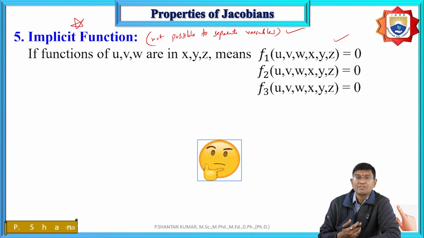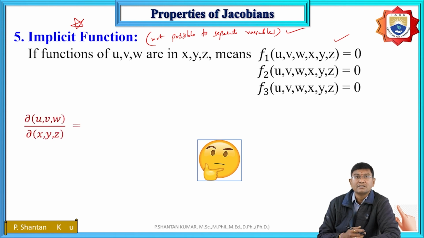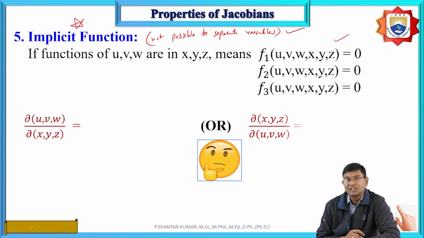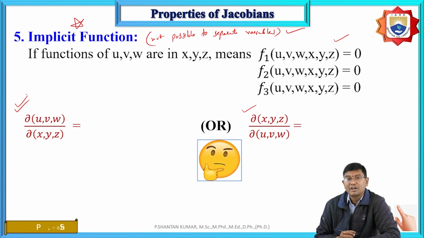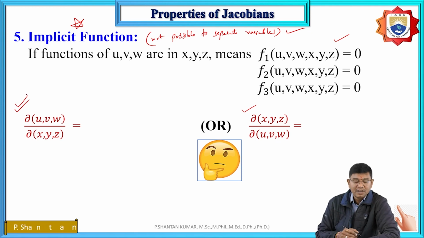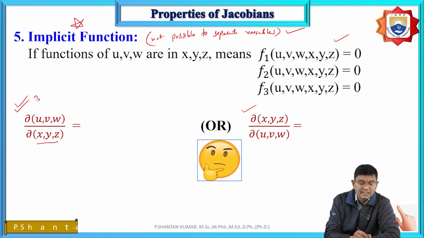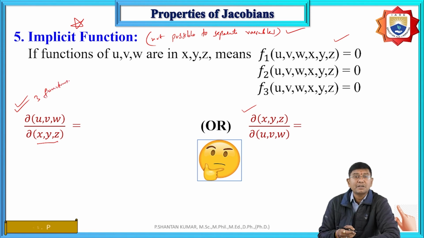And based upon the three functions, while finding dou of (u, v, w) by dou of (x, y, z), it is equal to, and we need to remember how many variables there are here. There are three variables, nothing but three functions. Three functions means it is minus 1 whole cube.